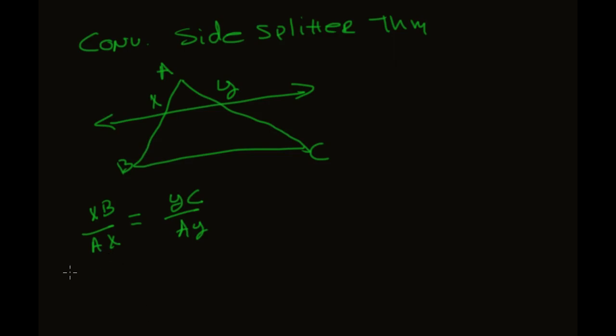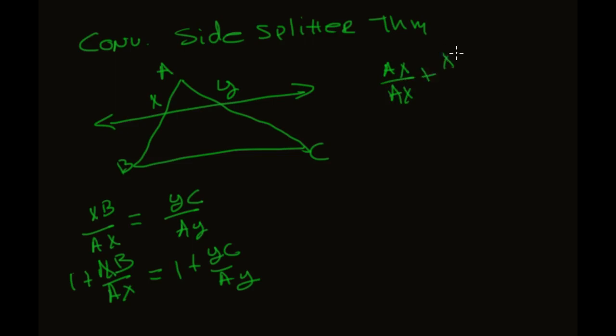Well, then can I prove that that line's parallel? Well, you just kind of work it all backwards. Add 1 to both sides, right? So I get this is equal to 1 plus YC over AY, right? Turn the 1 on the left into AX over AX plus XB over AX is AY over AY plus YC over AY.